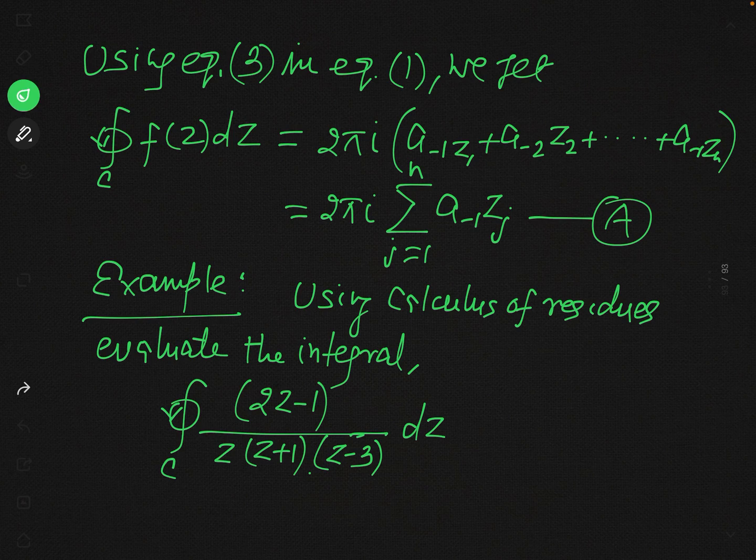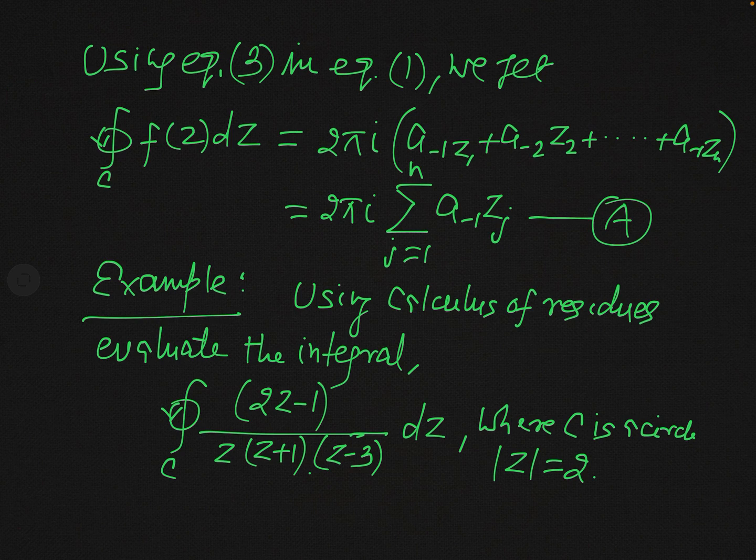You can see in this problem f of z is equal to 2z minus 1 over z into z plus 1 into z minus 3, and the simple closed curve C is a circle defined as mod of z equal to 2.